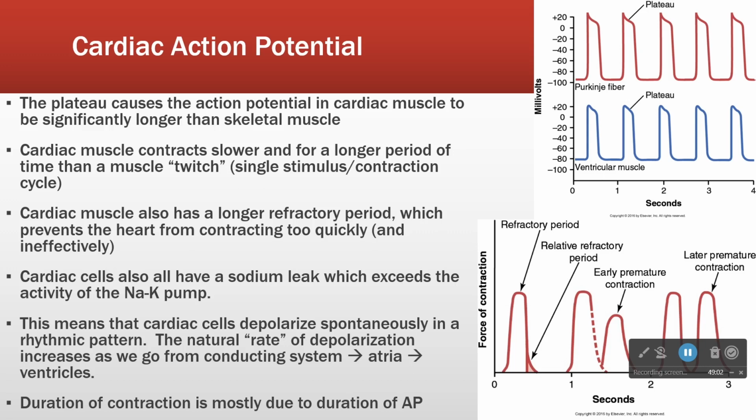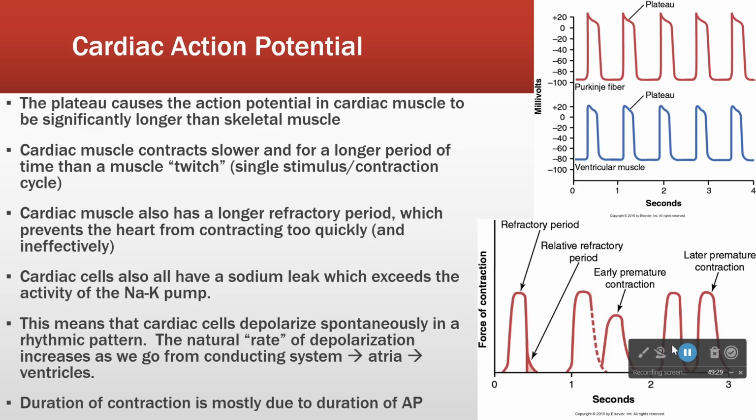We want our cardiac cells to rhythmically contract. The reason they rhythmically contract is because they're leaky to sodium. When enough sodium leaks, they reach their threshold potential and then they contract, right? Then you get the action potential, things go back to normal, and then the same thing happens again. Okay, so cardiac cells depolarize spontaneously.